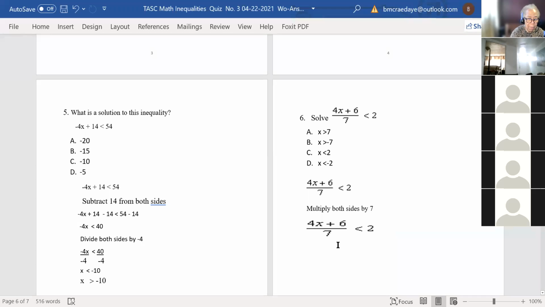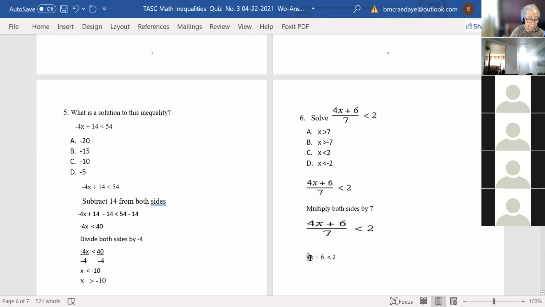I'll just copy it over. 4x plus 6, less than 2, and this is over 7.